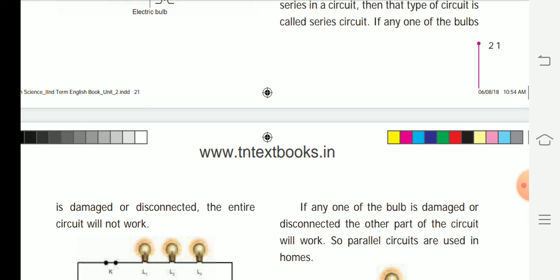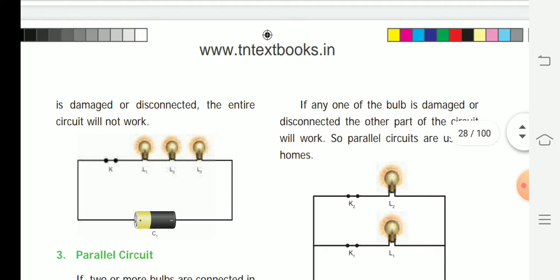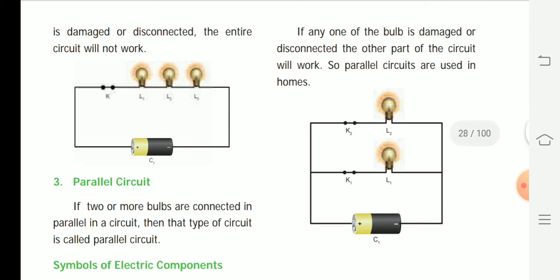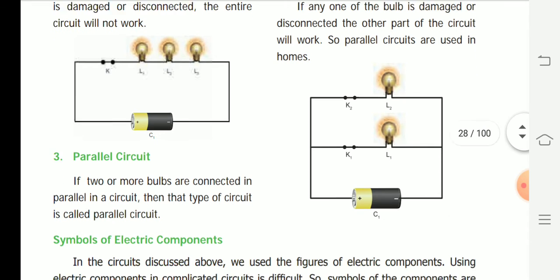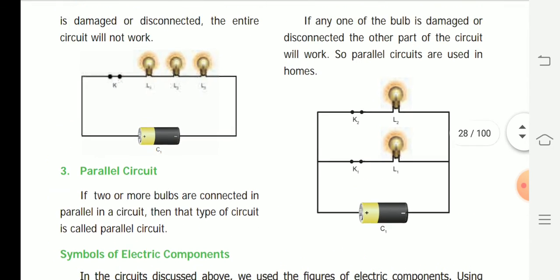Next one, parallel circuit. If two or more bulbs are connected in parallel in a circuit, then that type of circuit is called a parallel circuit. These are the three types of circuit: simple, series and parallel circuit.